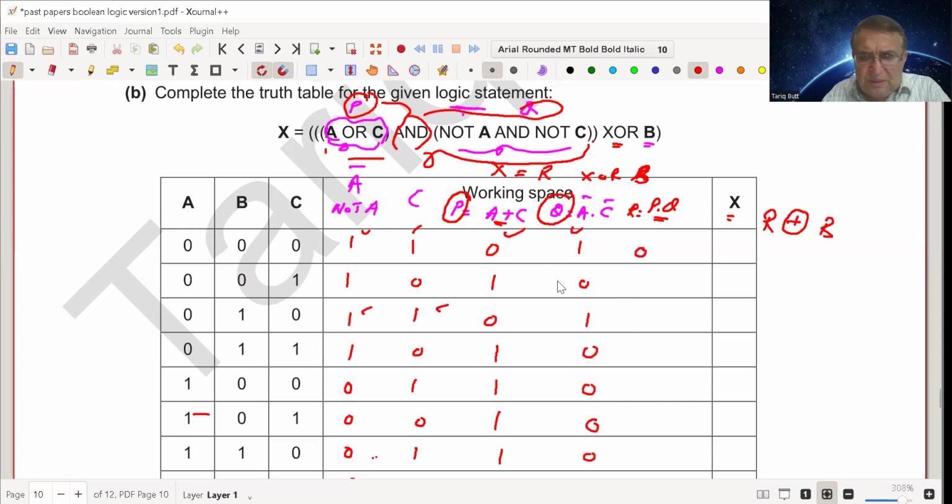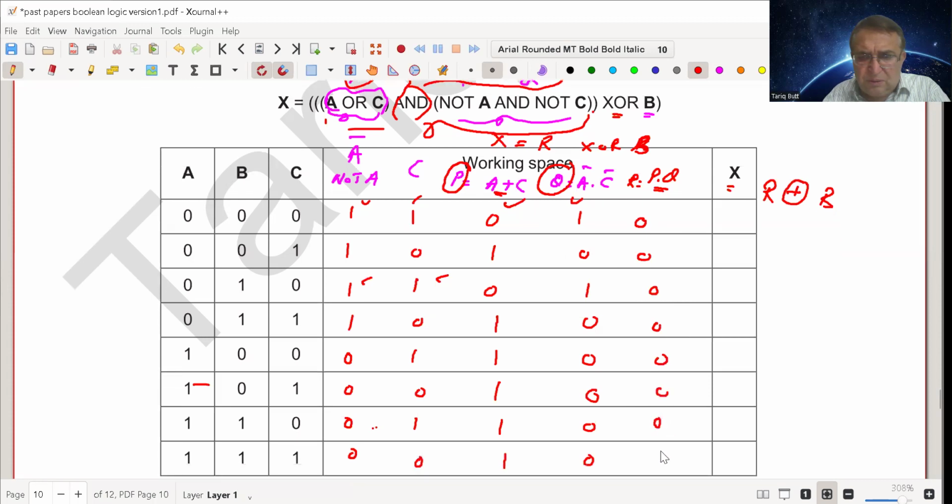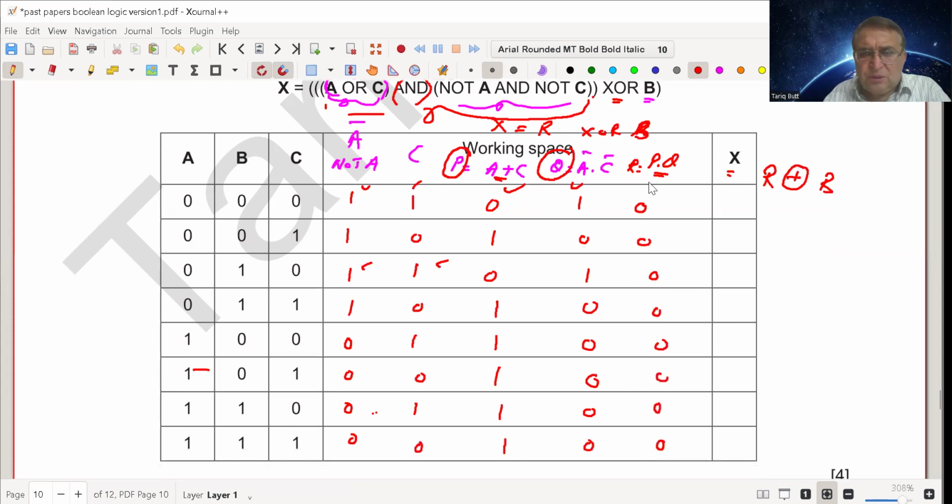So 0 into 1 is 0, 1 into 0 is 0, 0 into 1 is 0, 1 into 0 is 0, 1 into 0 is 0, 1 into 0 is 0, this is 0, and this is 0. And so on.